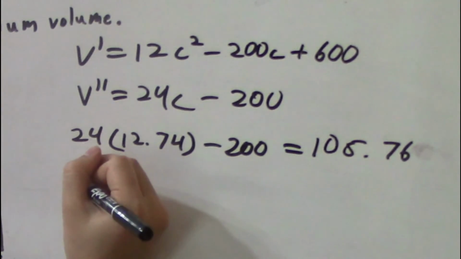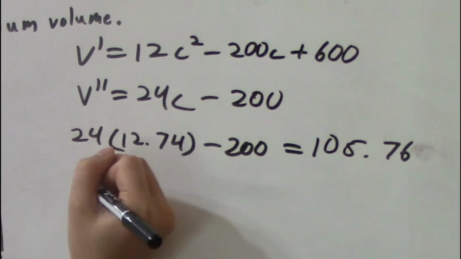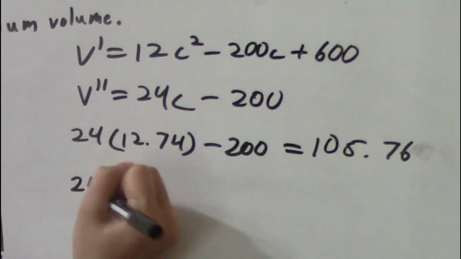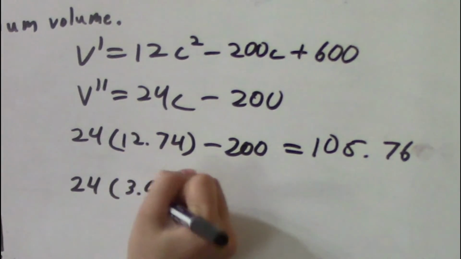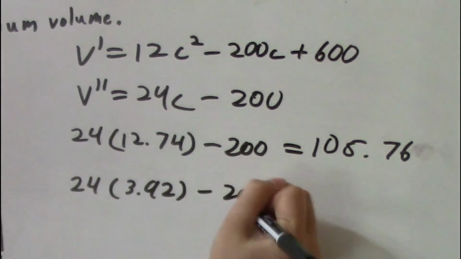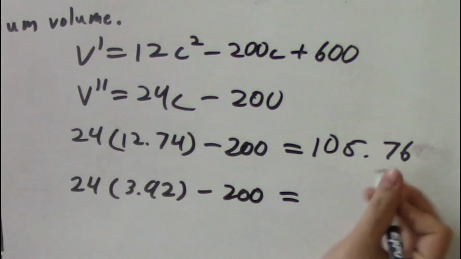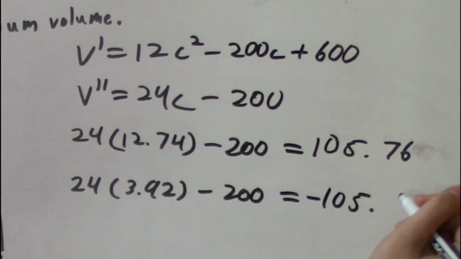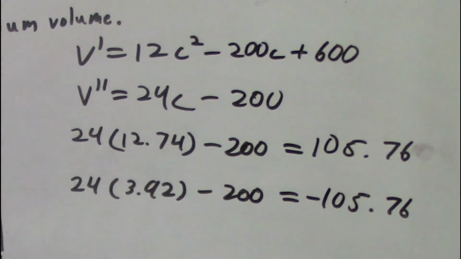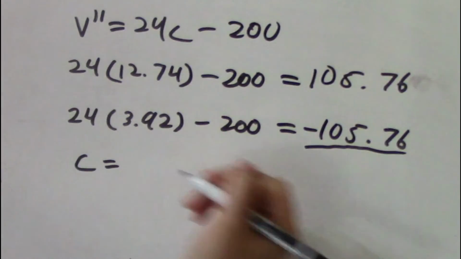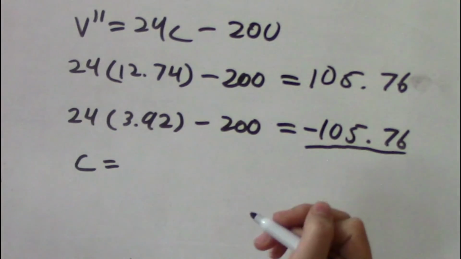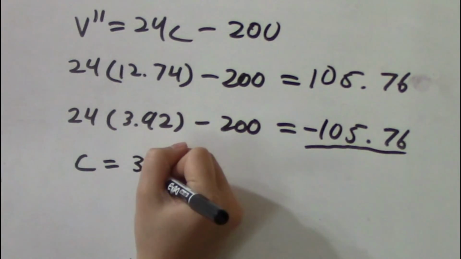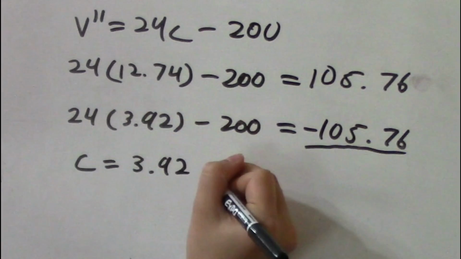And when we plug in the second critical point, it's 24 times 3.92 minus 200, which will equal negative 105.76. And because this one has a negative answer, the height that will give the maximum volume is 3.92 centimeters.